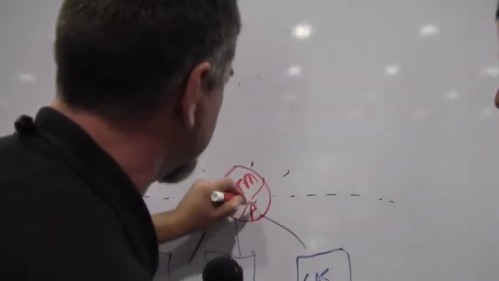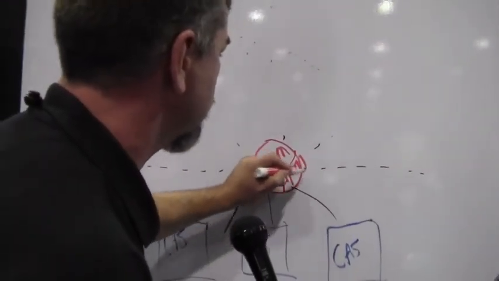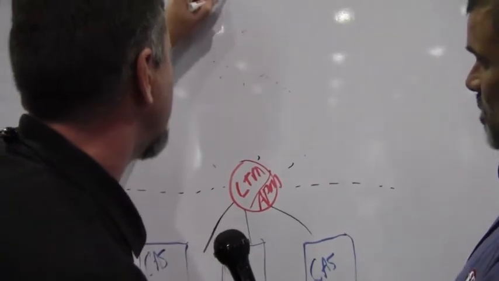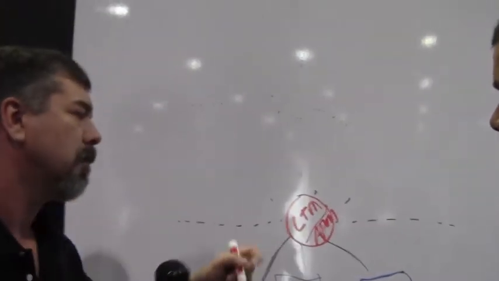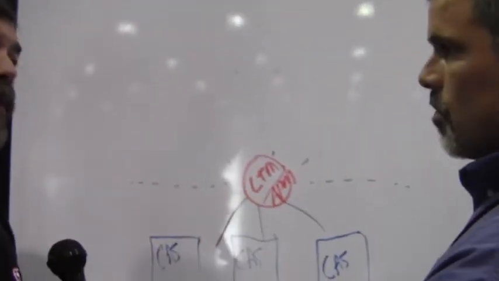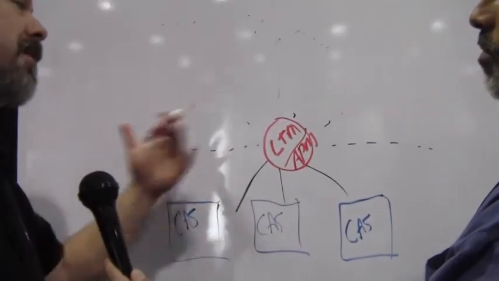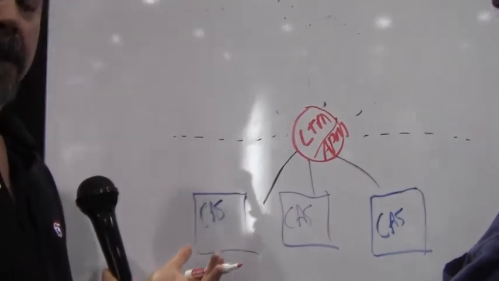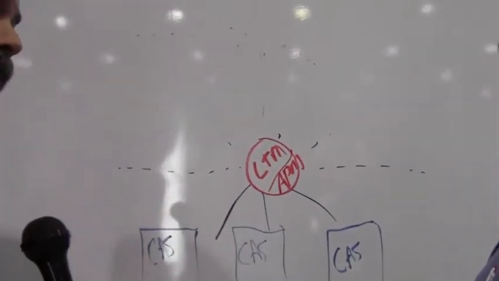Add in Access Policy Manager, APM. Now as traffic comes through, hits here, we're still doing our load balancing, traffic optimization of the CAS servers. Now with APM, we can do all the pre-authentication. Not only the pre-authentication, but now with APM, we can do things like endpoint inspection, so we can check traffic.